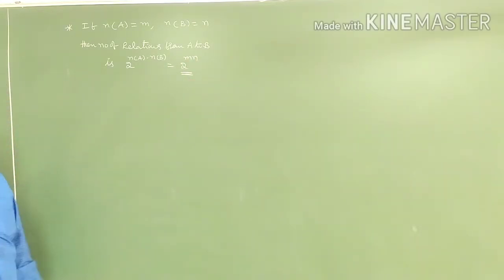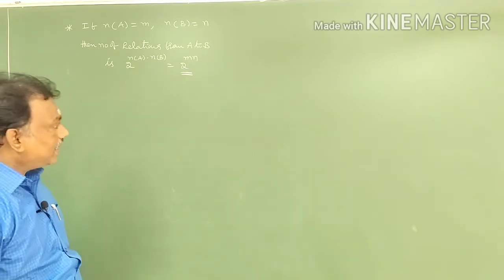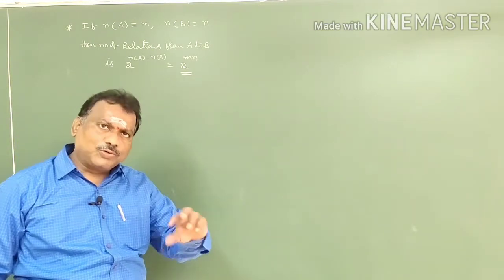So these are the total number of relations possible from A to B. Right.